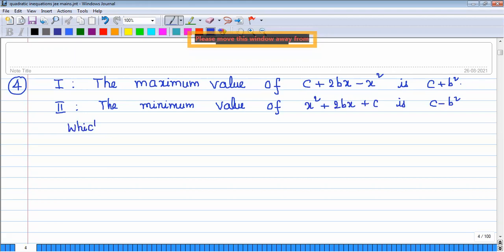Which of the above statements is true or correct, whatever may be?